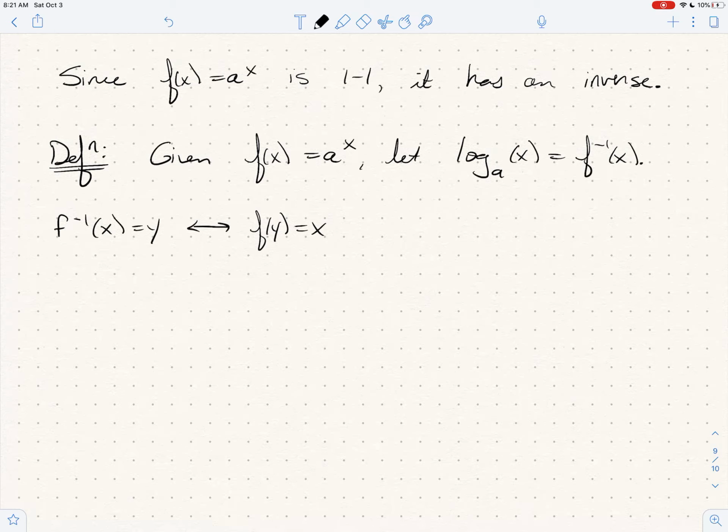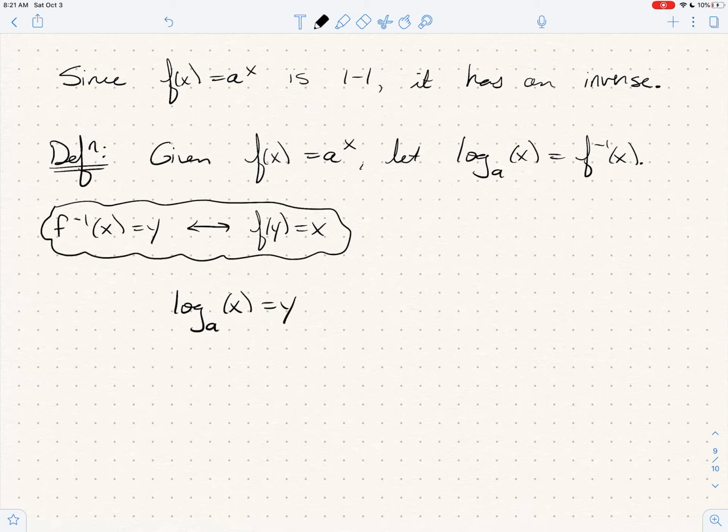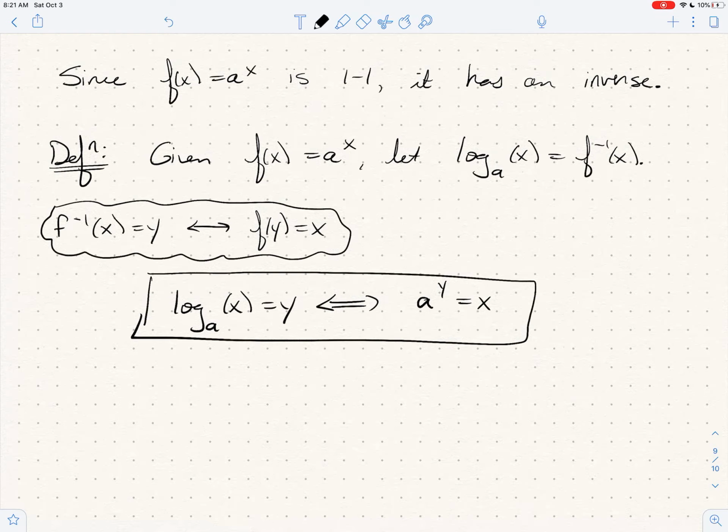When you play this out in our situation, log base a of x is y if and only if a to the y is x. This is really your friend. You want to make sure that you're comfortable with this. That's all you need to be able to work these problems out.